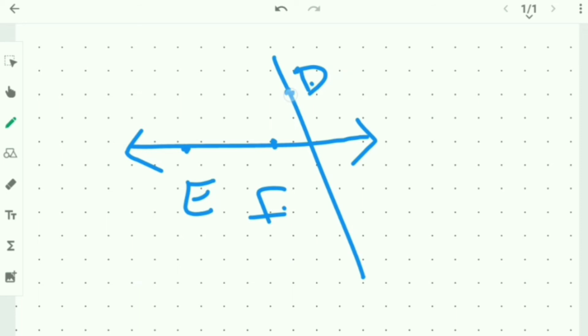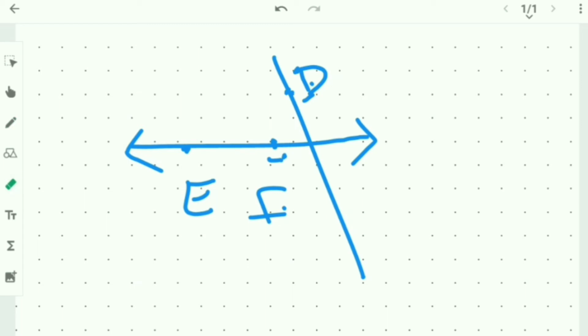You can write it like this. So there is a line, and E and F are two points where the line passes through. So you just name them E and F. The other point you can draw somewhere else and name it D.